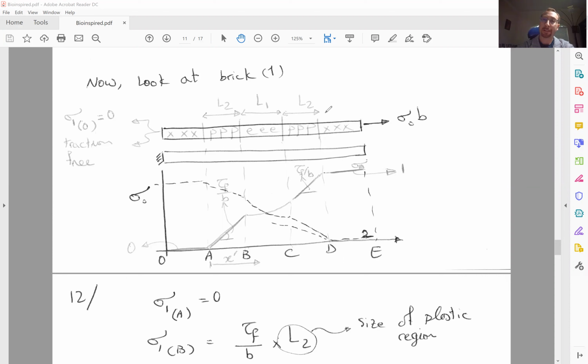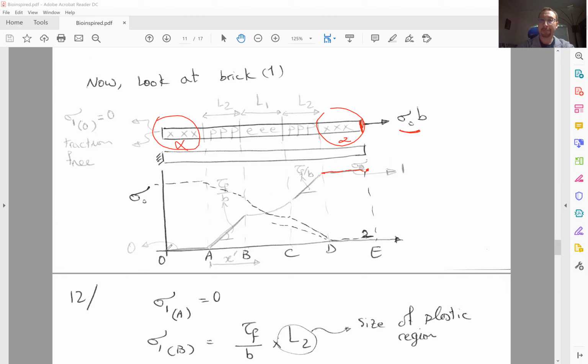In the regions where the mortar has failed, in these two regions, sigma 1 and sigma 2 are constant. So at this far end in tablet 1, sigma is equal to sigma 0, and it has to be constant from equilibrium. We just derived it. So it means all of it is sigma 0.